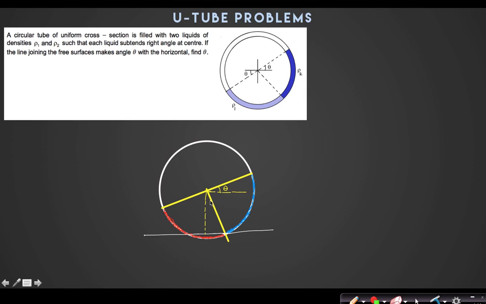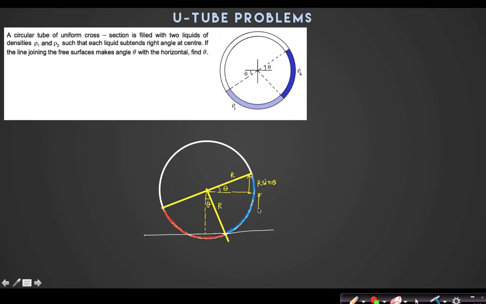So this angle is also theta. If this is r, then this is r cos theta, and if this is r, it is r sin theta. Right? It is r sin theta, and this is r cos theta.